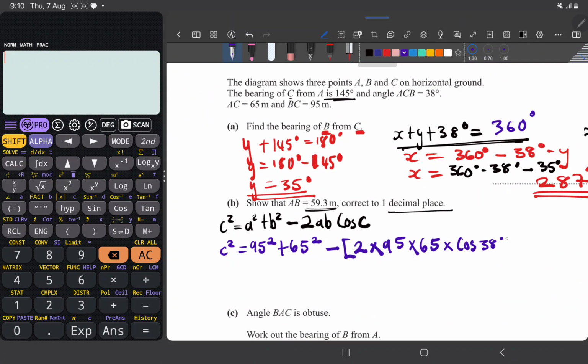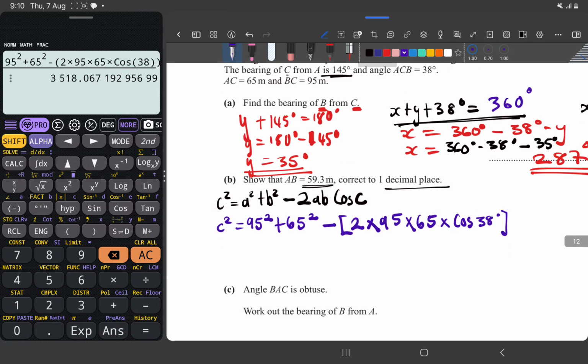Now let's punch that in the calculator: 95 squared plus 65 squared minus, open bracket, 2 times 95 times 65 times cos 38, close bracket. What is this going to be? So c squared is equal to 3,518.067 and so on.